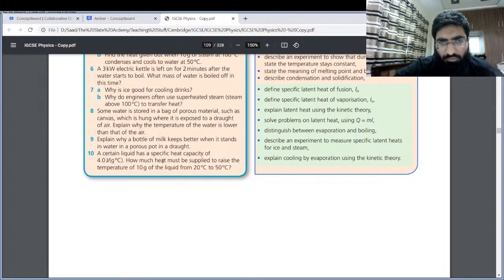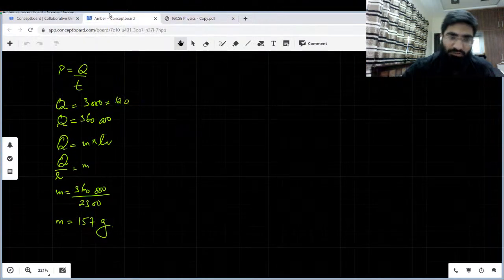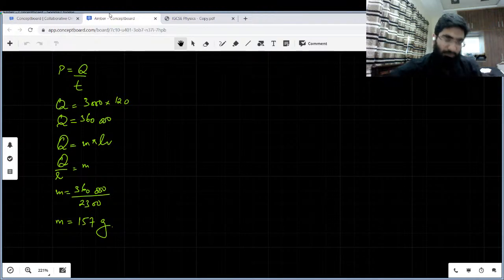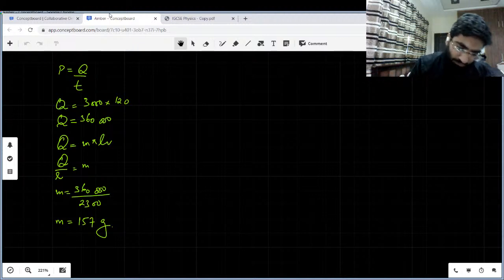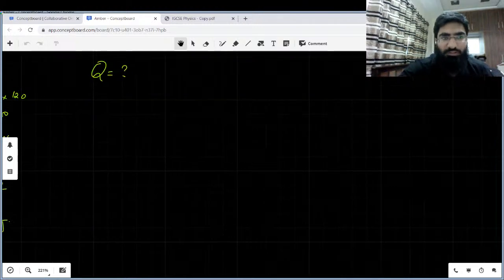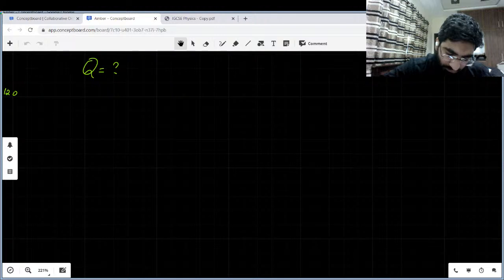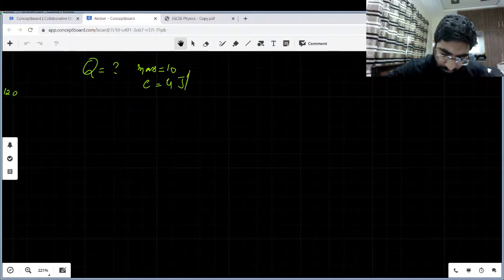The question asks how much heat is required, so it's asking for the value of Q. The data given is: mass is 10 grams, C is 4 joules per gram per degree centigrade, and the temperature changes from 50 to 20, so there's a change of 30 degrees centigrade.